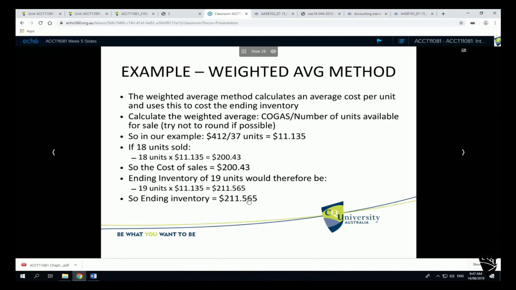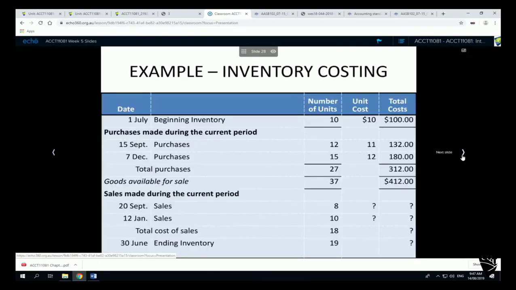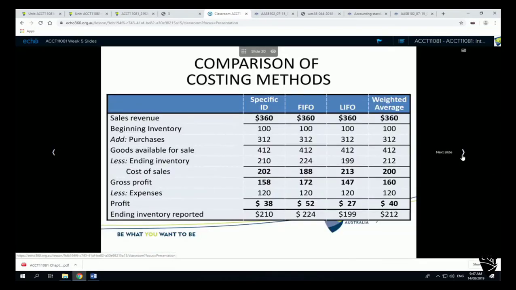So coming back to Maitland's line of questioning, which method should we use? Okay, here's a comparison. Let's have a look. Look at the values for cost of sales here under each different method. We've got 202 under specific identification, 188 under FIFO, LIFO's 213, and weighted average is sort of between these two at 200. That's cost of sales.